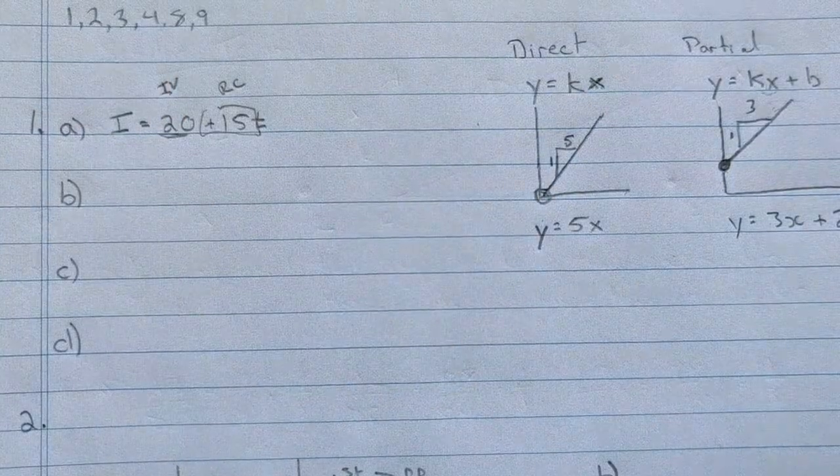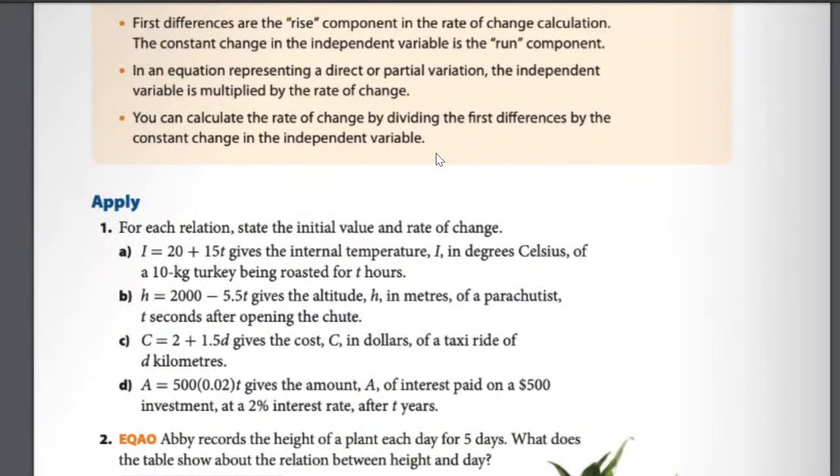In the next case, we are given the situation where h equals 20,000 minus 5.5t, which gives the altitude h in meters of a parachutist t seconds after opening the chute. So someone's parachuting out of an airplane, and they're going down. Thus, we should have a graph that's decreasing, so the rate of change should be a negative number.